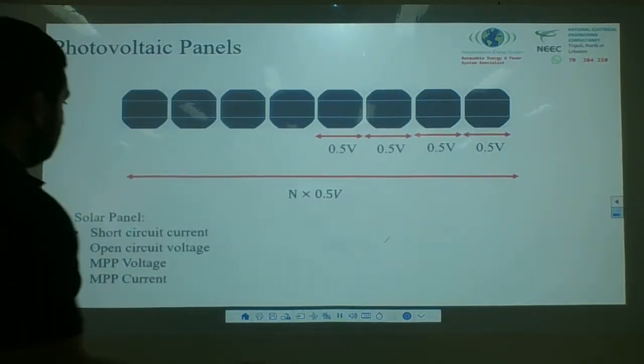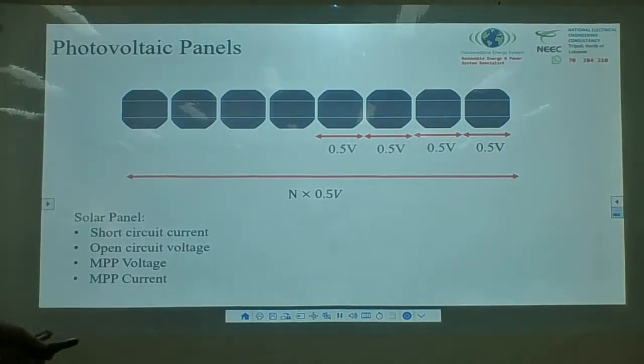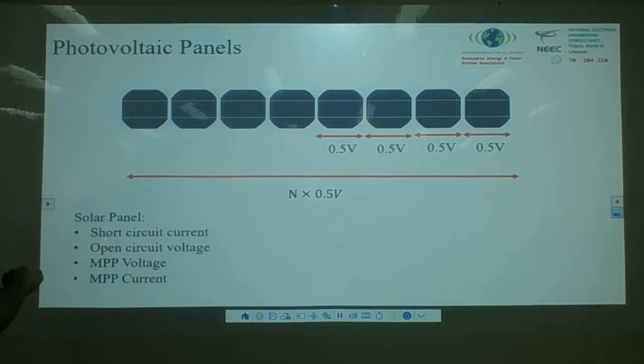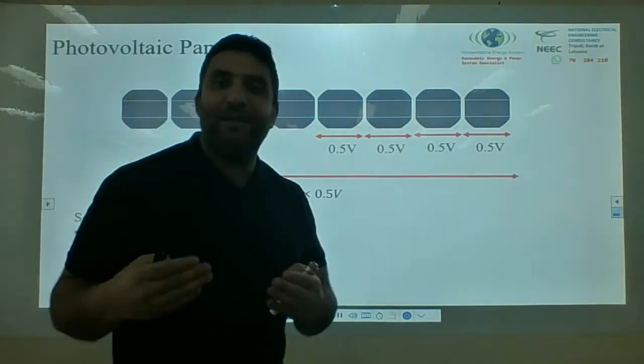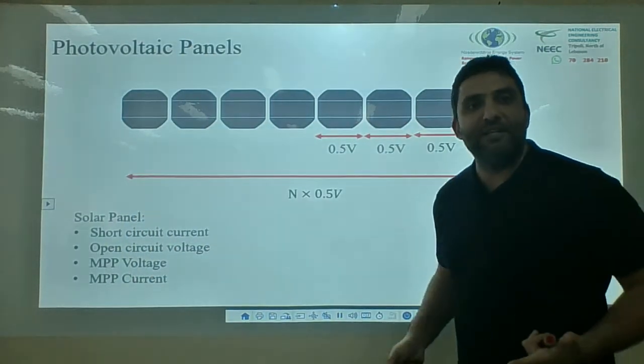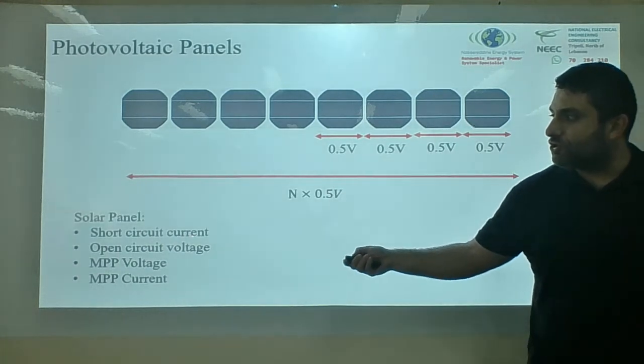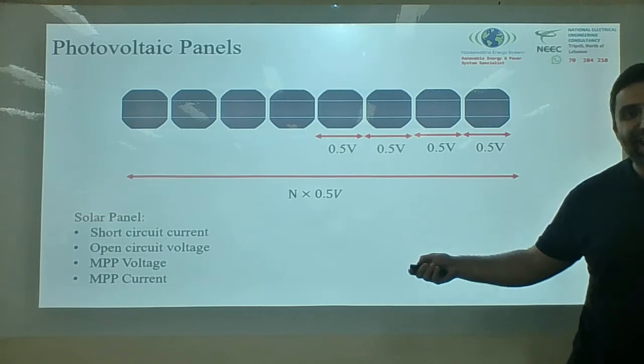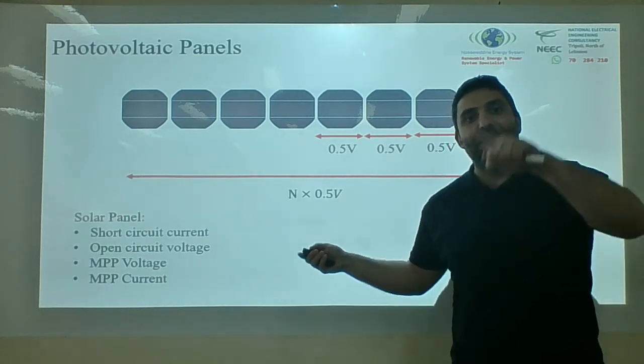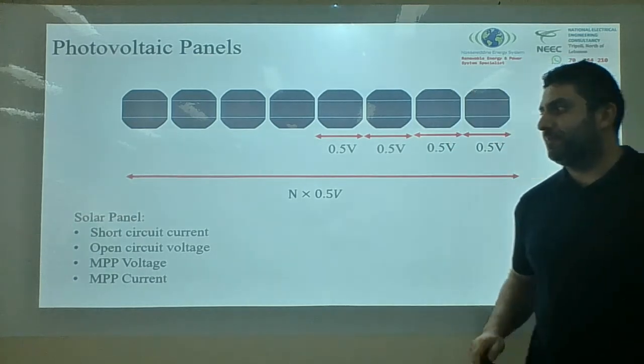I'm interested in the short circuit current. The short circuit current for my panel depends on how many cells are in parallel. If all of them are in parallel, that means the short circuit current for my panel will be the same as my short circuit current for the cell.